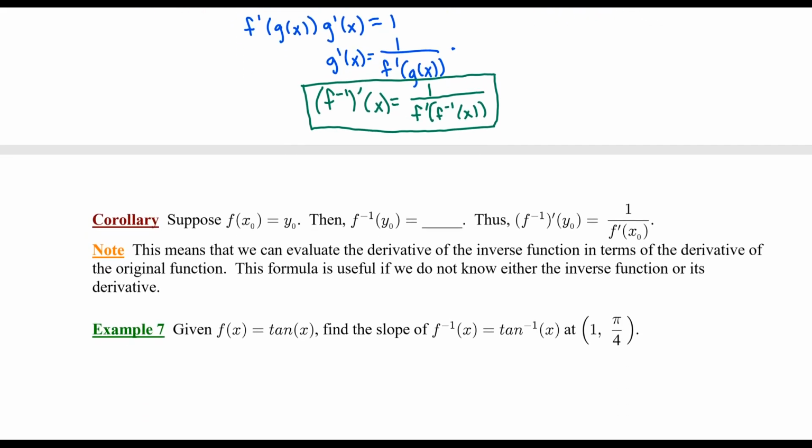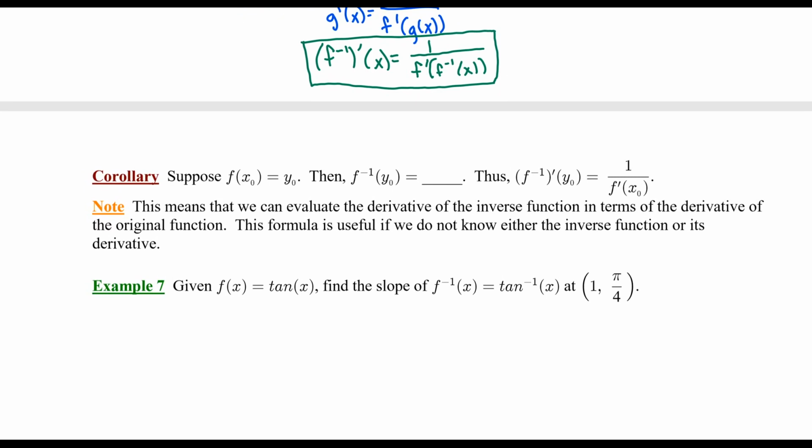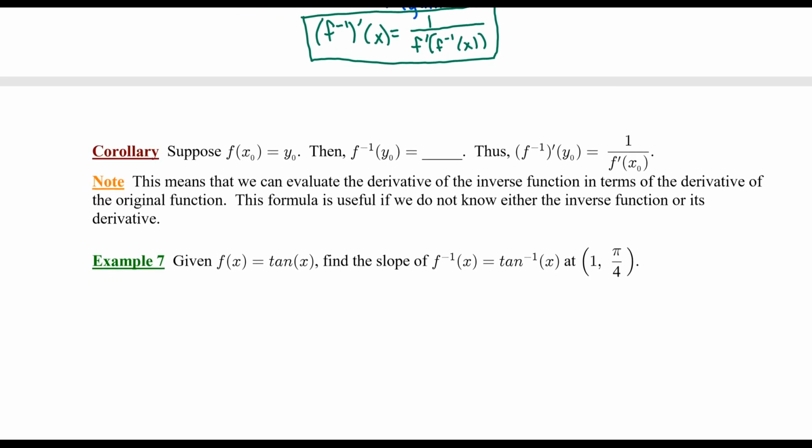Now, we can make this more specific in the next corollary. A corollary is a result derived from a more general theorem. Suppose that f of x naught equals y naught. Now, notice here we have subscripts on the variables. Anytime you have subscripts on the variables, that indicates that you're dealing with constants. And ordinary x and y, those would be ordinary variables.